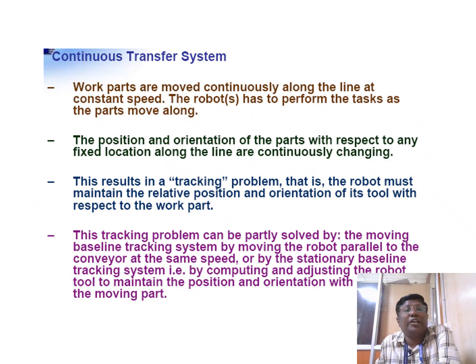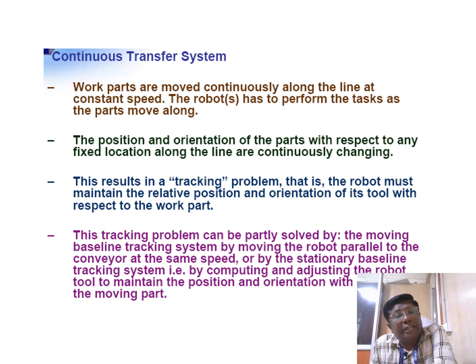And if you look at the continuous transfer system, the work parts are moved continuously along the line at constant speed. The robot has to perform the task on the moving part. Here the part is not stationary. It will be moving on a conveyor. Say the speed is given as 10 meters per second.